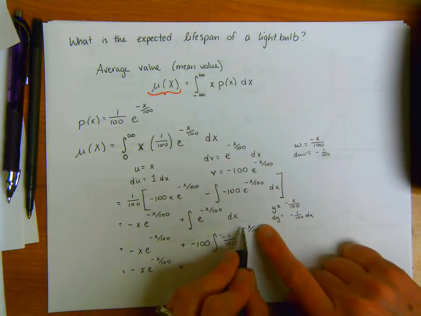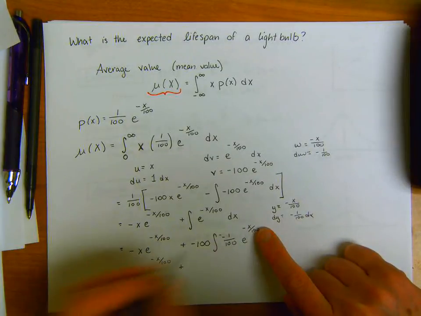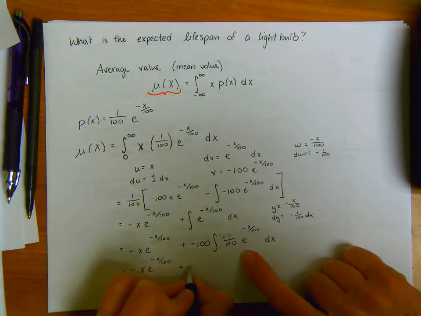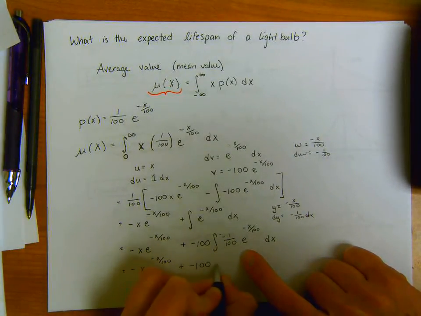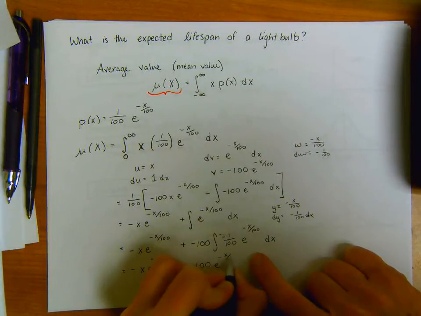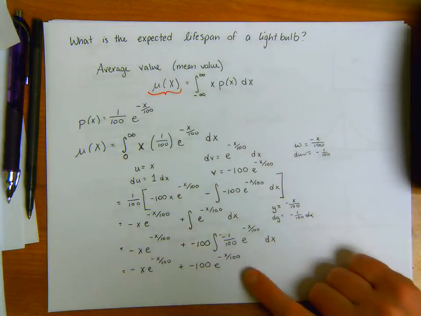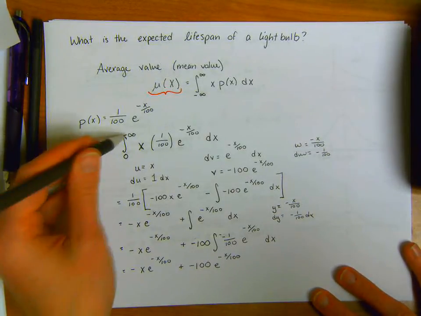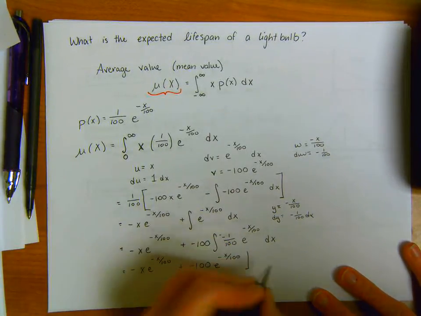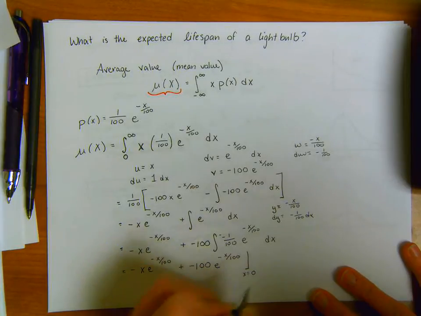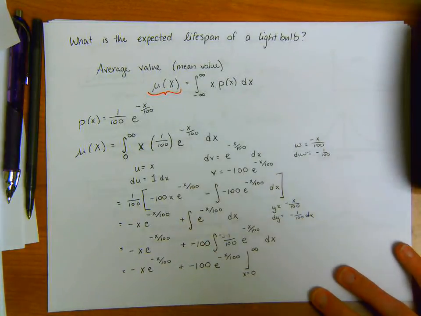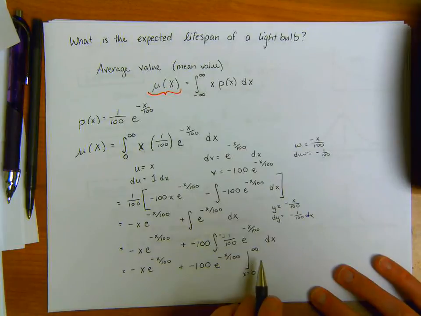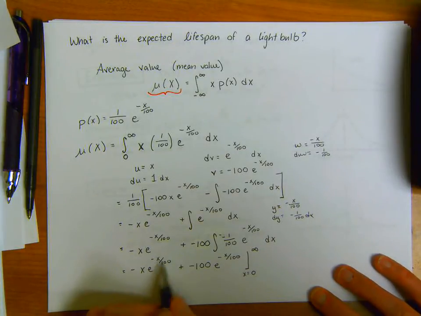So the integral of y is just e to the y. So my integral ends up being negative 100 e to the negative x over 100. Phew! But recall that in this case it was a definite integral. I'm evaluating it from x equals 0 to infinity. When I evaluate this to infinity, I have to take the limit.